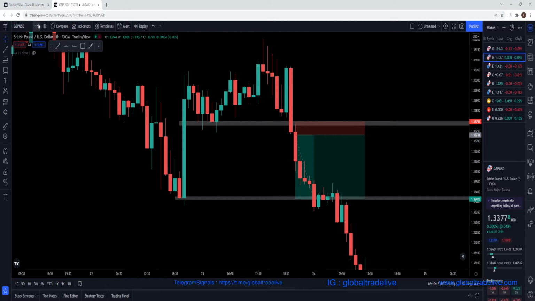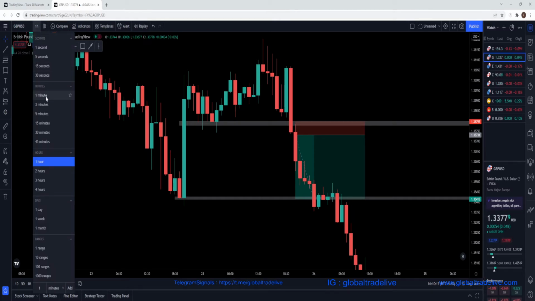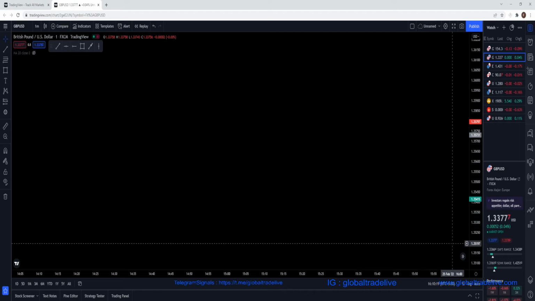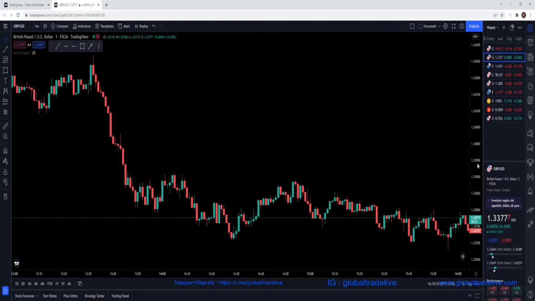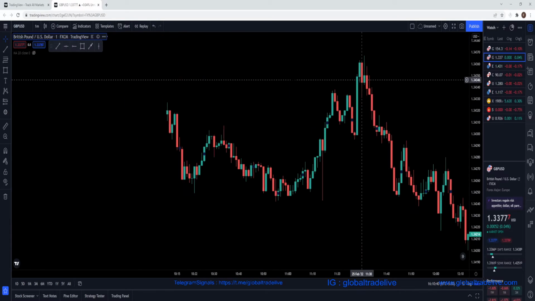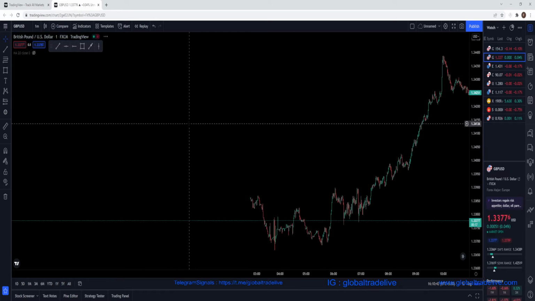So I'm going to switch to the one minute time frame over here. Somebody will say that trading on the 1 minute time frame is not good. But we are not trading on the 1 minute time frame. It's just that we will see that wick up market structure on the 1 minute time frame. 8:30, yesterday 8:30, that means the 24th.